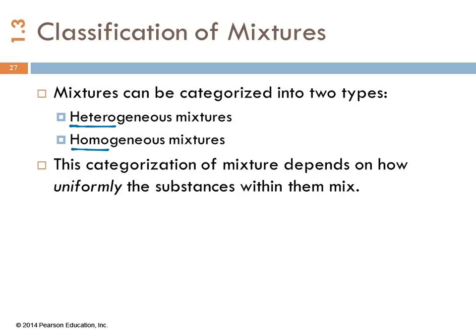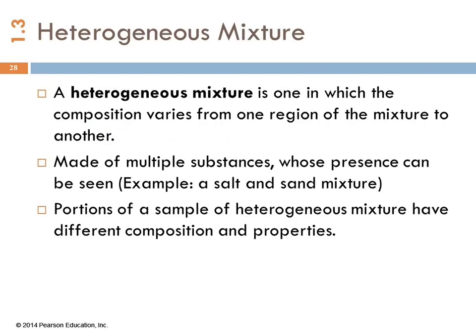And so we categorize the mixtures based on how the two or more substances within the mixture, how well they mix, how uniformly they mix. Is it the same throughout? Then it's homogeneous. Are there regions that are different? Then it's heterogeneous. So a heterogeneous mixture is one where the composition varies.